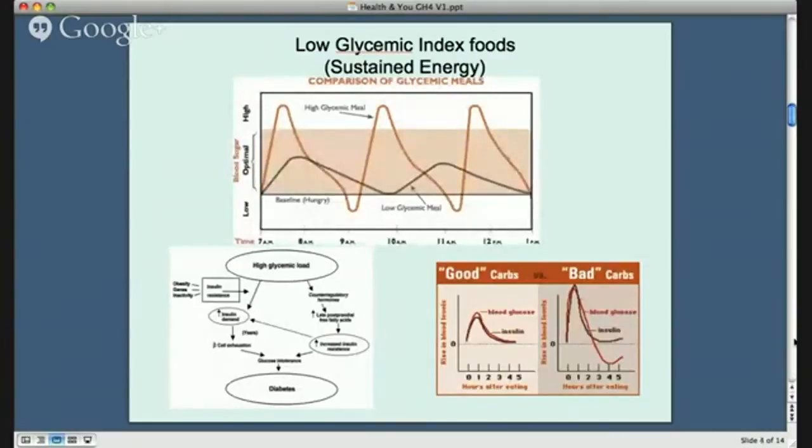So the low glycemic index, what is that? The glycemic index is an index of how quickly foods are translated from the food into a sugar within our bodies. Now, if we eat high glycemic foods, we get this huge spike in sugars within our bodies. Insulin kicks in, and then insulin becomes the thing that stores fat.